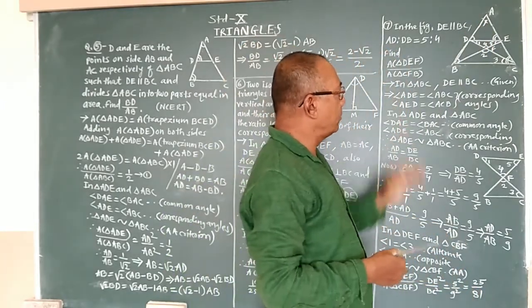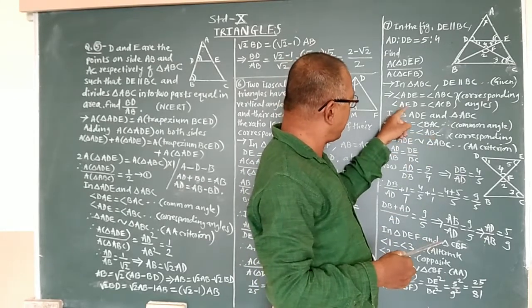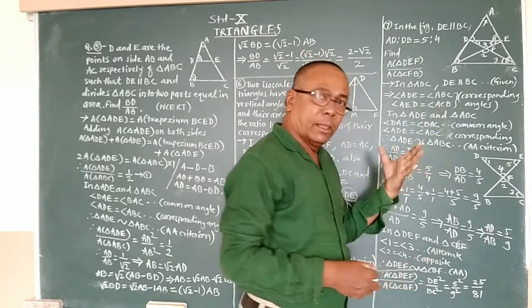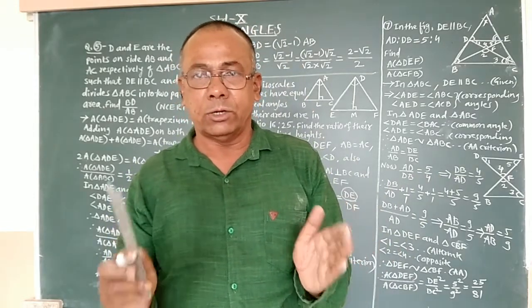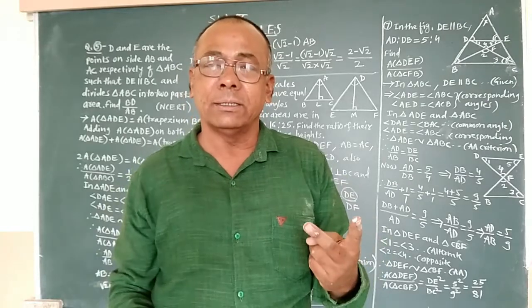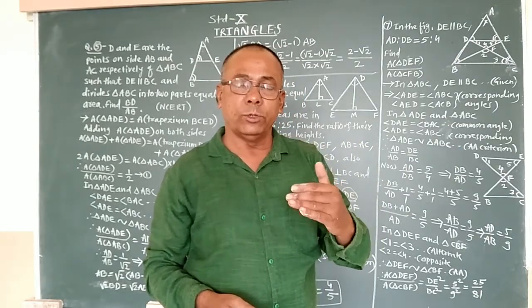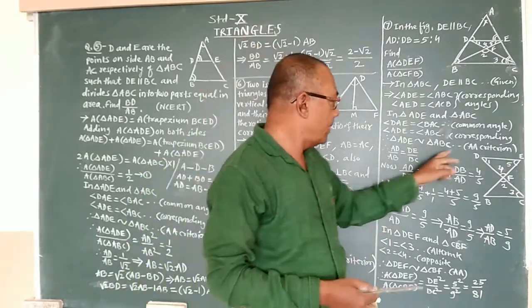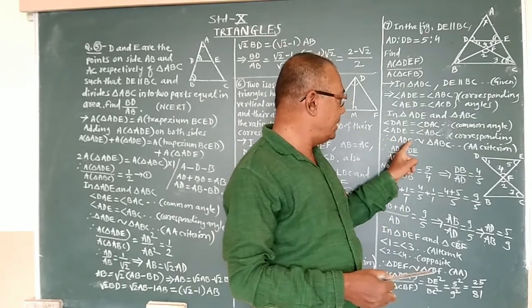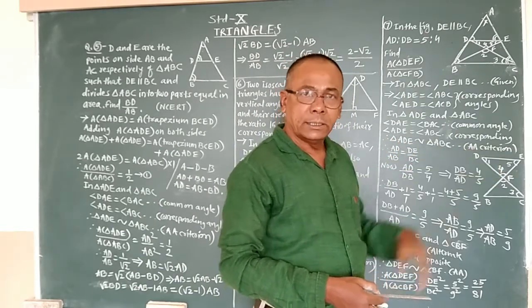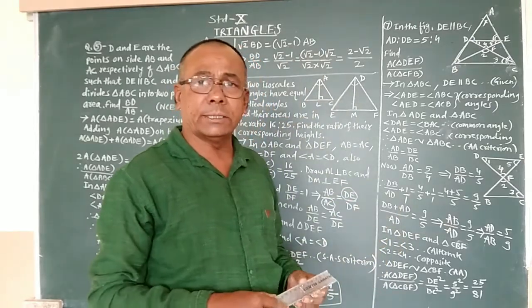Here from the above equation we can write angle ADE equal to angle ABC, as well as angle AED equal to angle ACB, and therefore the three angles of one triangle are equal to the corresponding three angles of the another triangle, or we can consider that the two angles of one triangle are equal to the corresponding two angles of the another triangle, and therefore by AA criteria we can get that triangle ADE similar triangle ABC. Here I have applied only AA criteria.